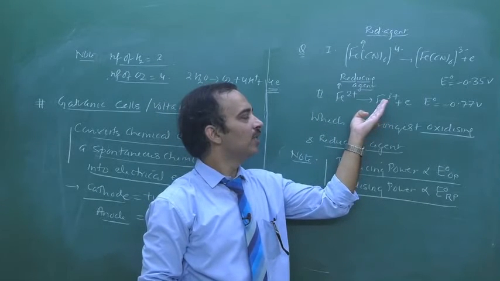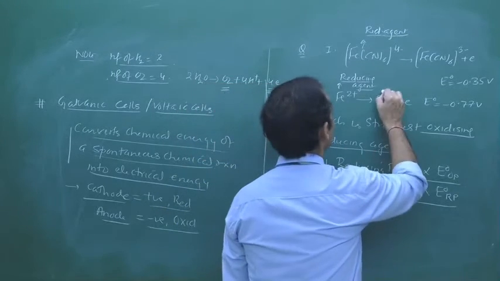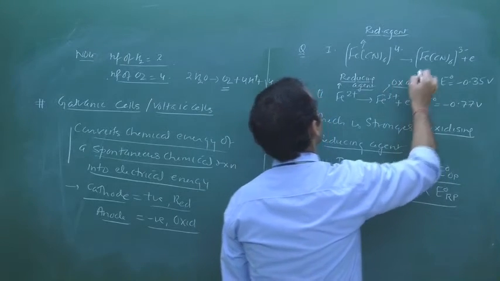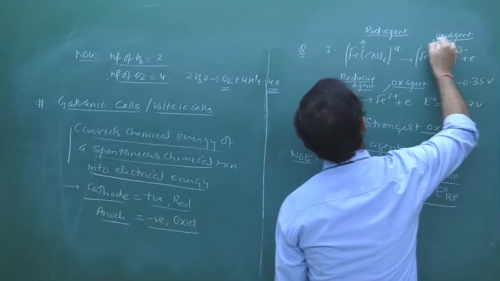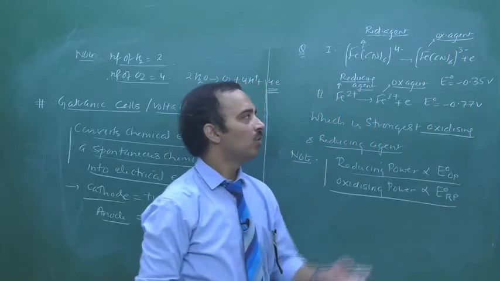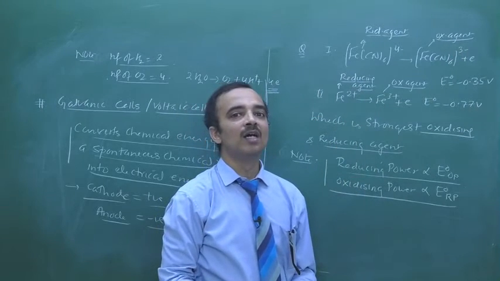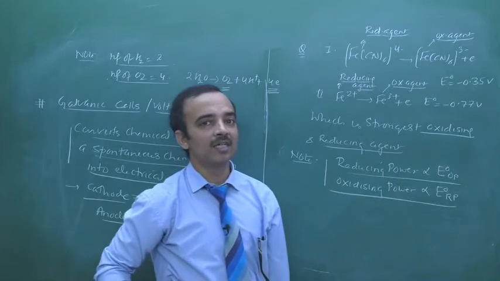If it is getting reduced, then it is acting as an oxidizing agent. This is also an oxidizing agent, because it is undergoing reduction, that means it will oxidize others.